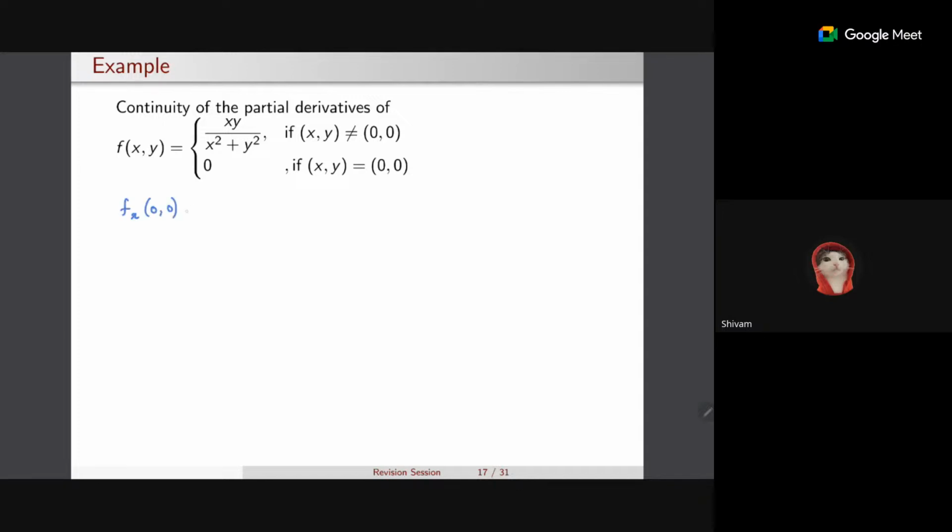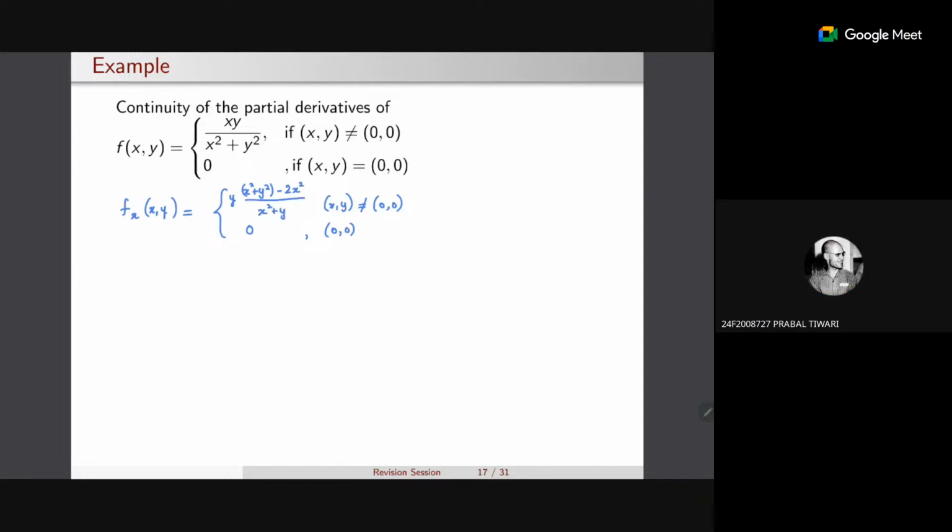This we have already done. f_x of x, y is equal to 0 at (0, 0). But for (x, y) not equal to (0, 0), we computed that this was y times something like x square plus y square minus, what would it have been? 2x square, I think.